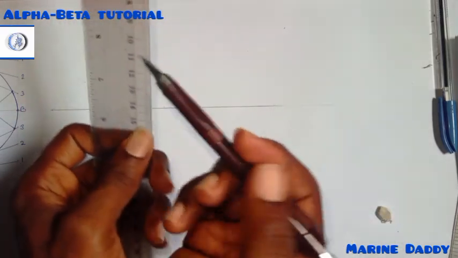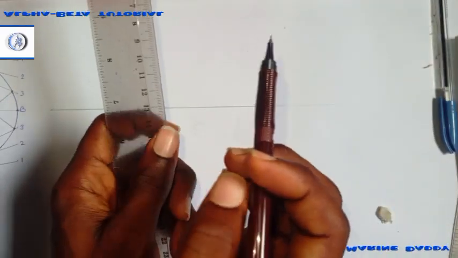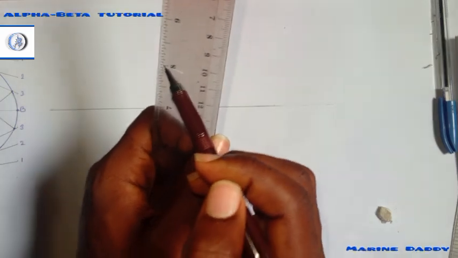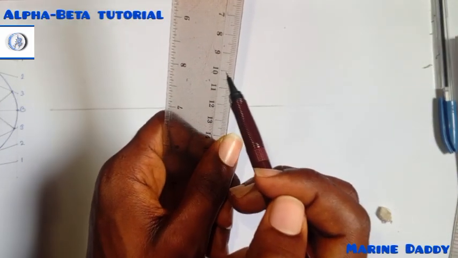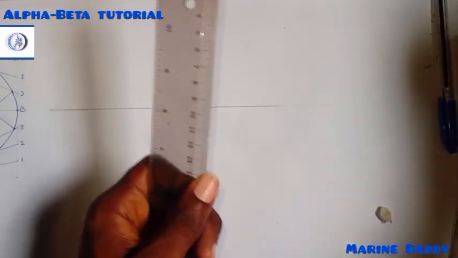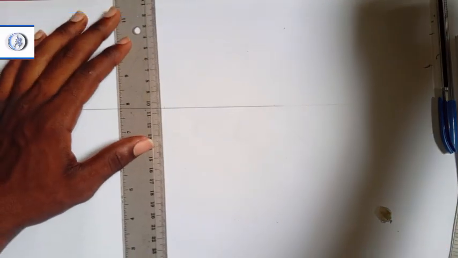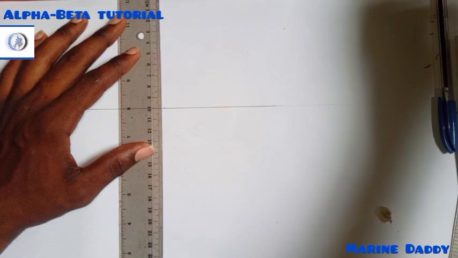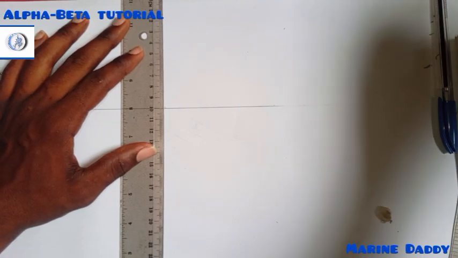When you want to draw a perpendicular vertical line or a perpendicular horizontal line, place your set squares, the 8 and 10. When I mean 8 and 10, I mean this projected line at your 8 and your projected line at 10. Project it, balance it in such a way that it's going to stay straight with the horizontal line for you to draw the vertical line.